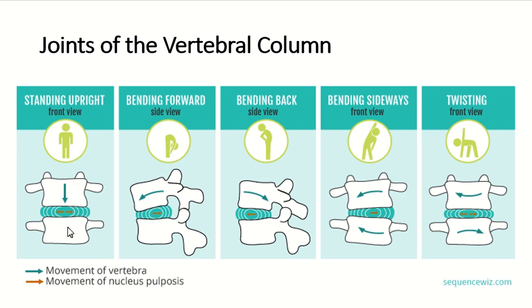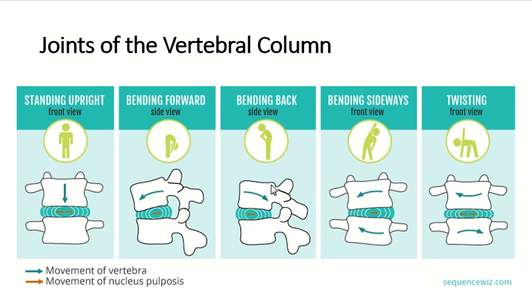a downward acting force, and what happens when you've got the downward force on the vertebra is that if it's centered, the nucleus pulposus bulges out equally in all directions. If you're bending forward, and this is a side view, what happens is you're putting tension on the anterior part of the intervertebral disc, so you get a bulging of the nucleus pulposus in the posterior direction.